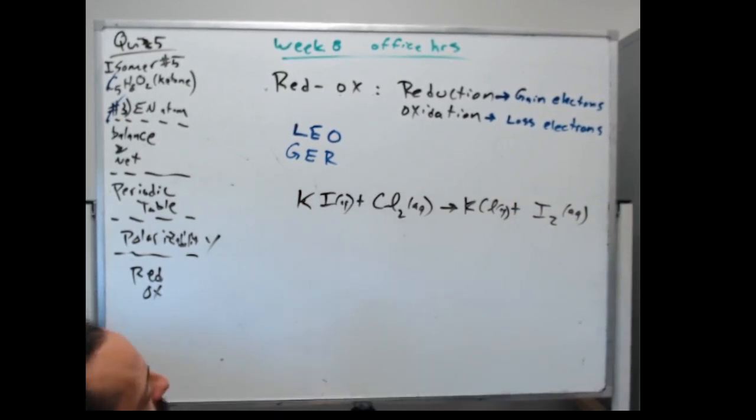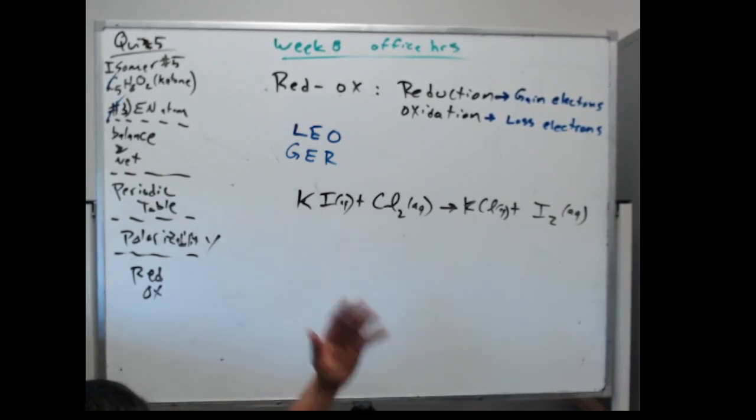Now, in order to determine if it's oxidation reduction, there's kind of two ways to go about it. First thing is to say, is it a precipitation reaction? No. Is it an acid-base reaction? No water product, no acid reactant? No. Must be redox.